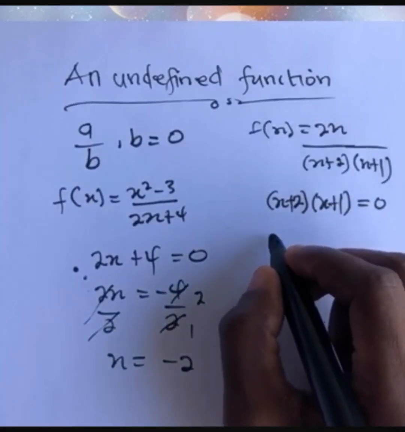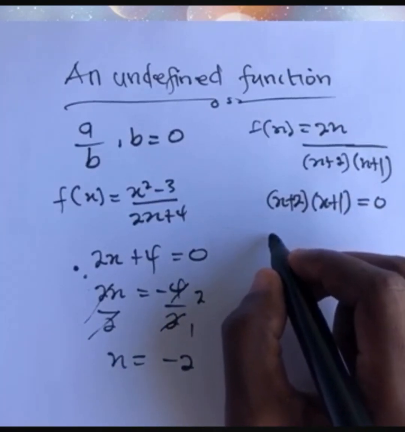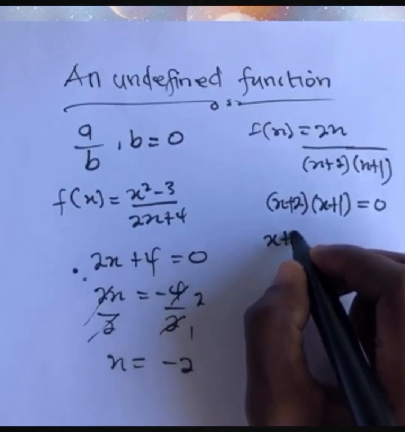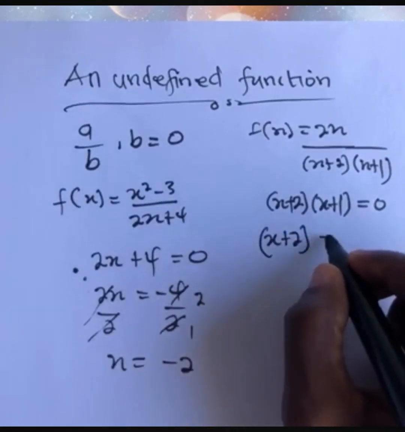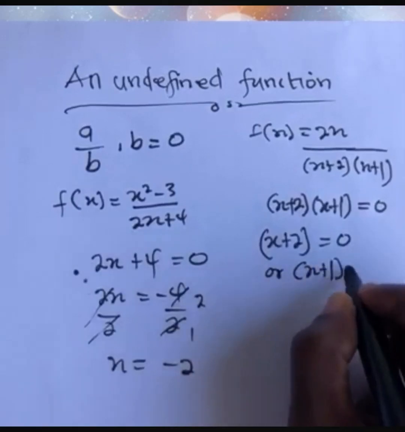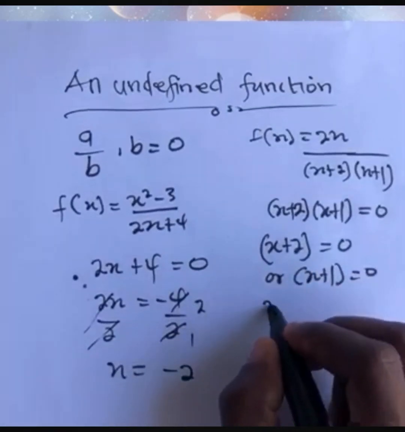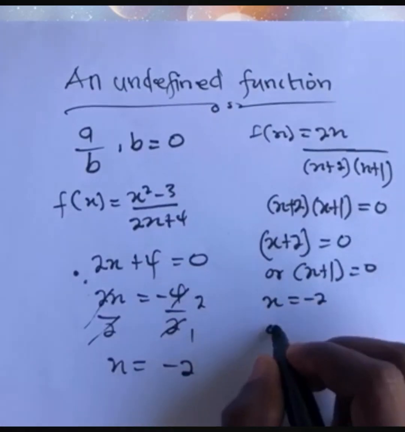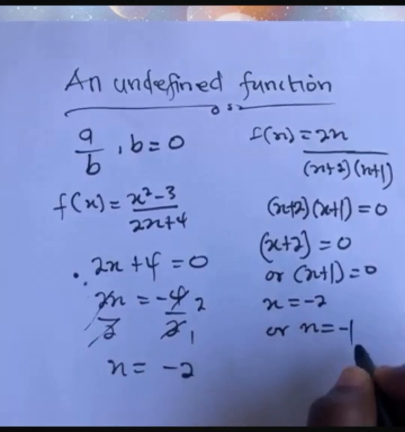So this gives me x plus 2 equals 0, or x plus 1 equals 0. So x equals negative 2, or x equals negative 1.